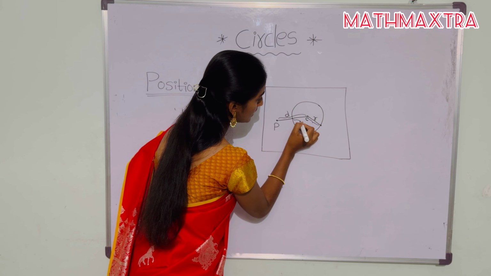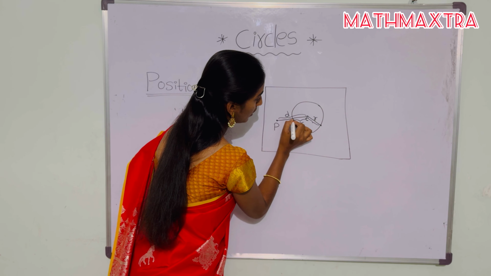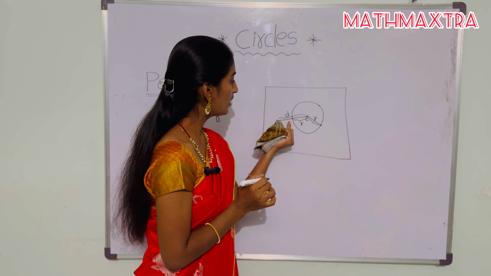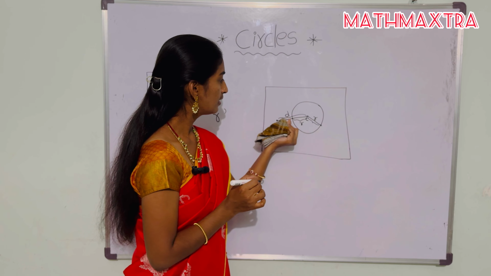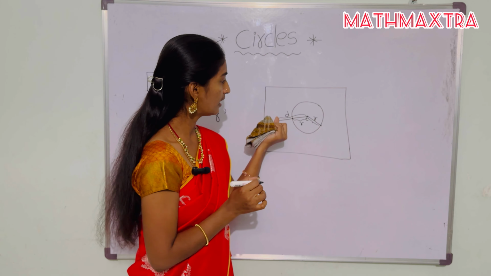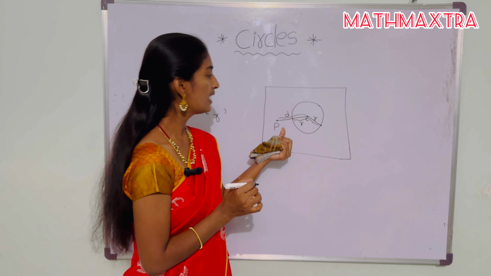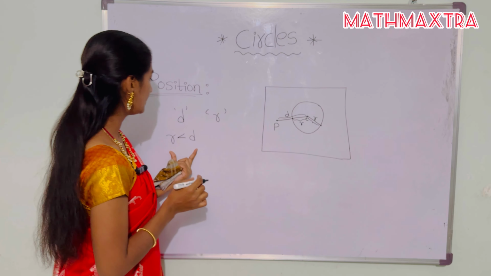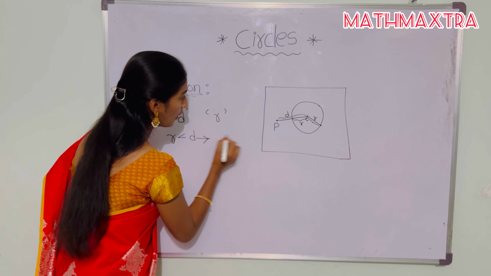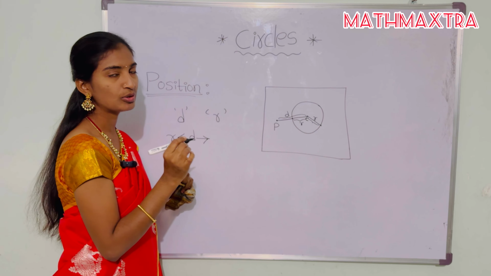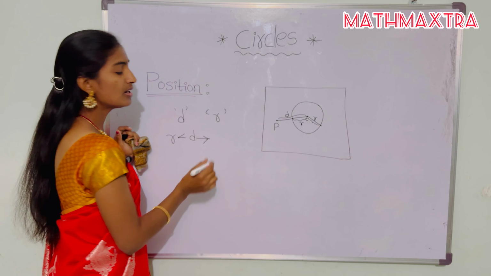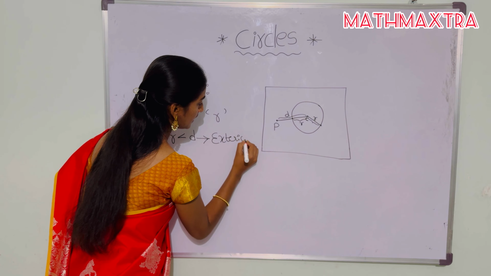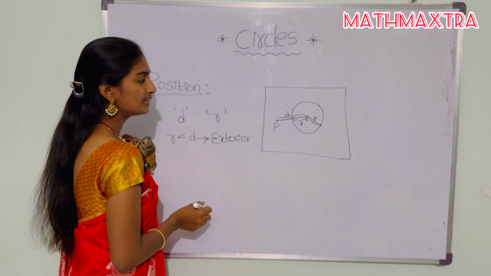The radius goes from the center to a point on the circle, and obviously we are extending the distance up to the point P. That is why this radius is less than the distance D. So by this relation we can say that the position of point P is exterior of the circle, isn't it?